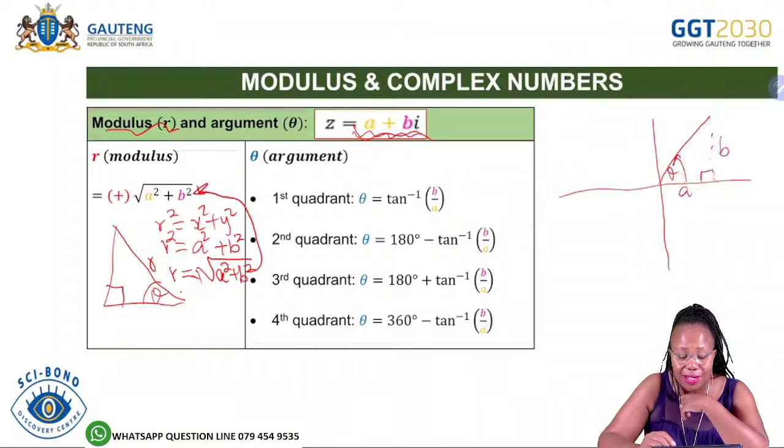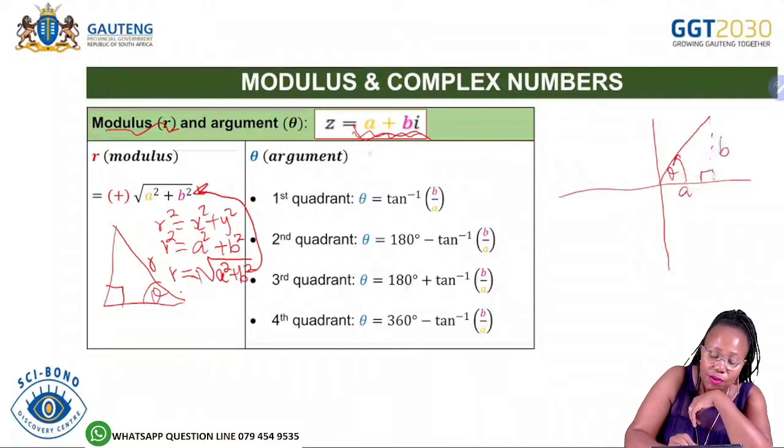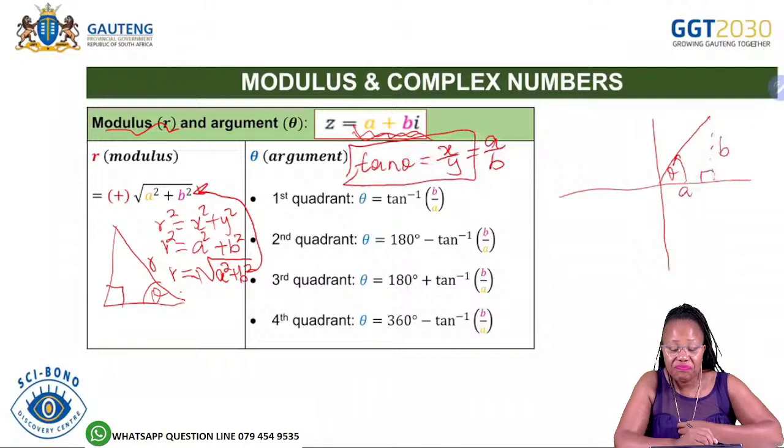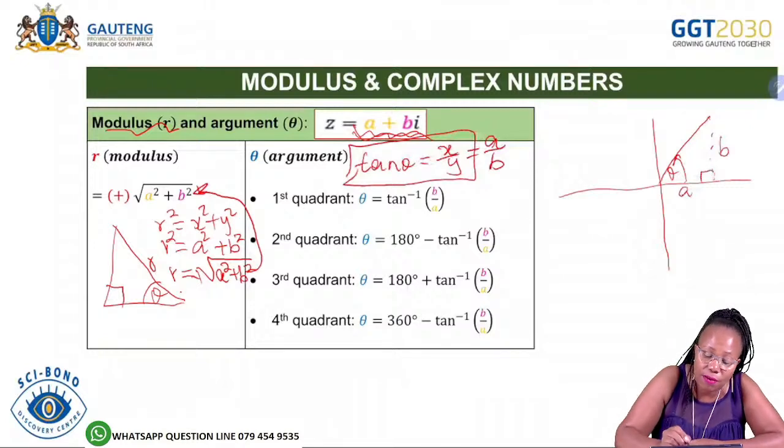Remember, tan theta from your trig ratios is opposite over adjacent, that is y over x.